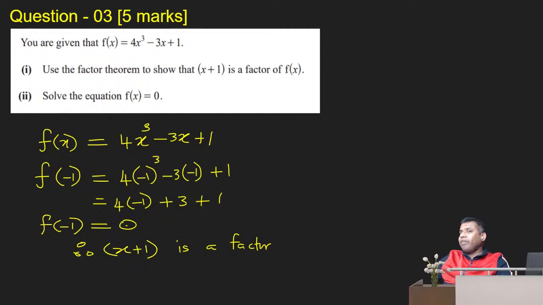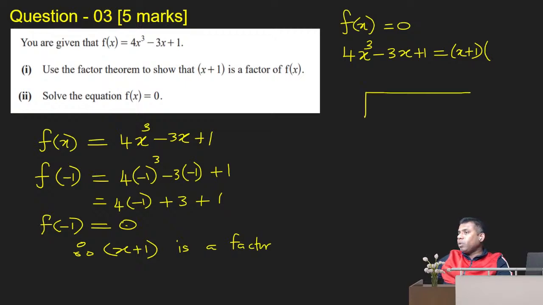Solve the equation f(x) equals 0. So f of x equals 0 means 4x cubed minus 3x plus 1 equals 0. One of the factors we already found, x plus 1, right? We have to find out the remaining factor. For that, we studied this in our AS level. It's called polynomial division.